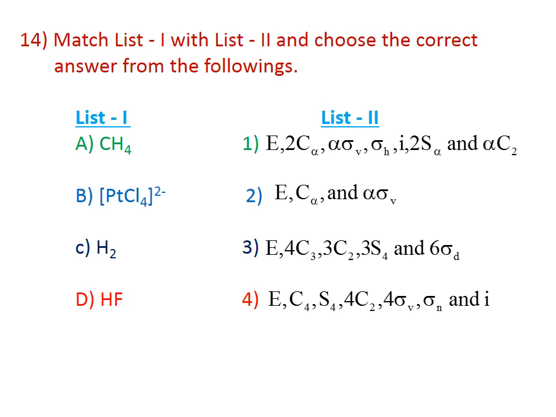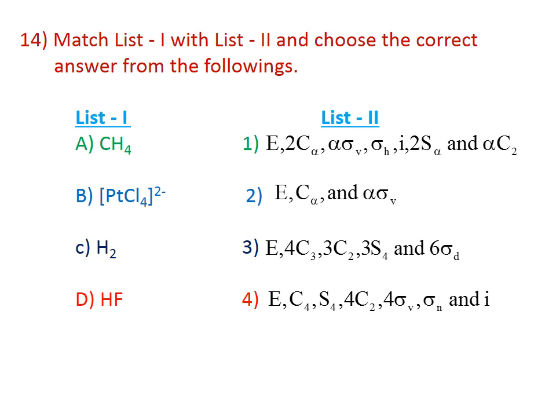And for H2, you know very well it is a linear molecule, therefore it is D infinity h. The answer is 1. Sorry, for C2 the answer is 1: E, 2 C infinity, sigma V, sigma H, i, 2 S infinity and infinity C2.